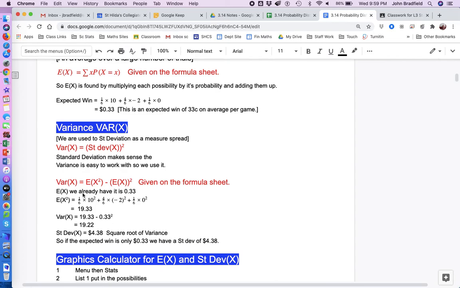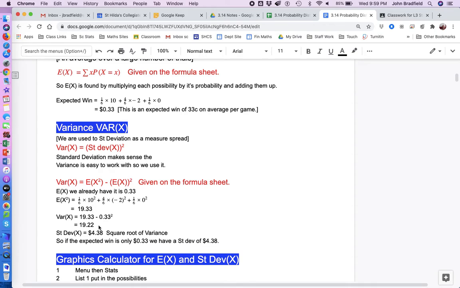Then we combine them together, so 19.33 minus the 0.33 squared. Doesn't change it by much, 19.22. But we don't really care about the variance. 19.22 doesn't make any sense in the context of the spread of winnings. But if I square root it and get $4.38, you can see that our expected win on average per game is $0.33 with a standard deviation, or an average difference from the mean, of about $4.38.